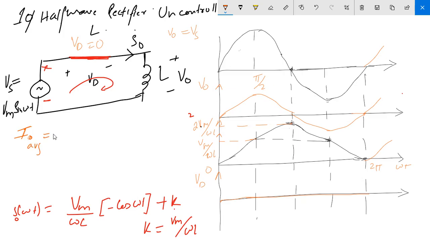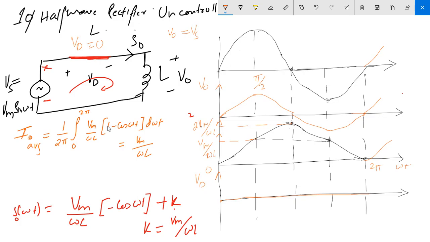I naught average value will be equal to, if you see the waveform, 1 upon 2 pi integration 0 to 2 pi. What is the waveform equation? Vm by omega L times 1 minus cos omega t, d omega t. So this is the I naught equation. You integrate it from 0 to 2 pi, and you will get the answer Vm by omega L.